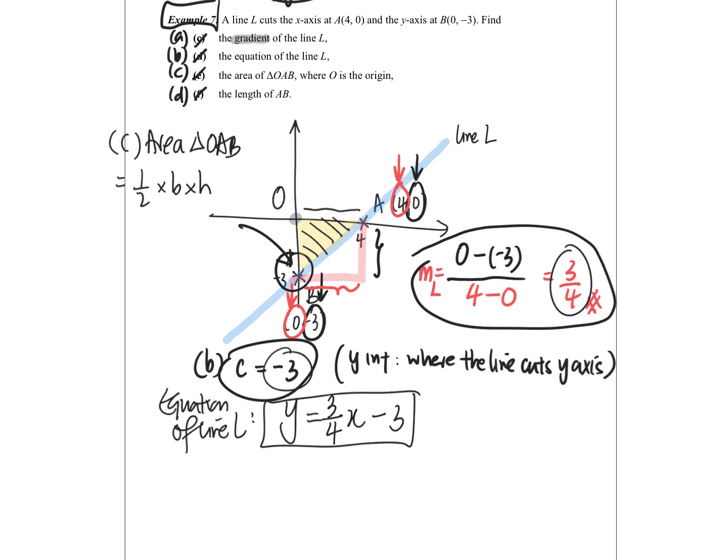So we can take this to be the base, this to be the height. So what's the base? How many units will that be? 4. What is the height? I say 4 but write 3. Okay, but for height, we don't care whether it's positive or negative. We only write that it's 3 units. So you can drop the negative sign. So the answer is just 6 units squared.